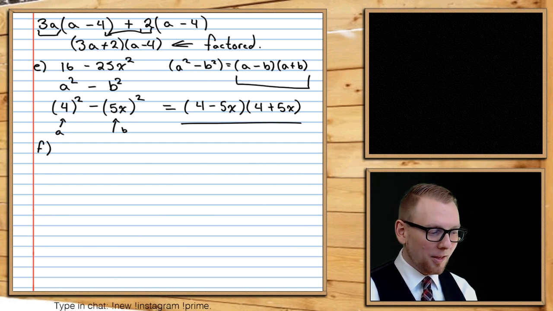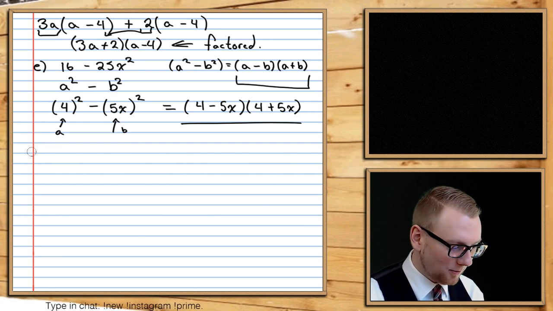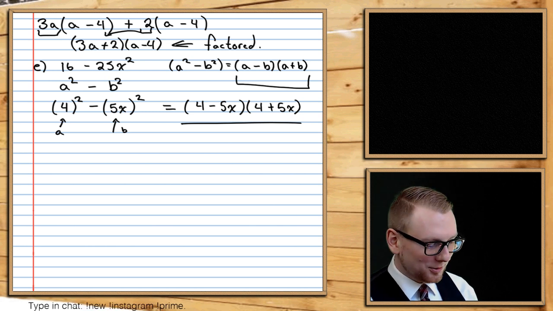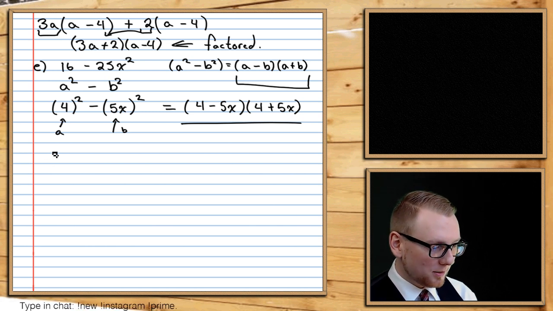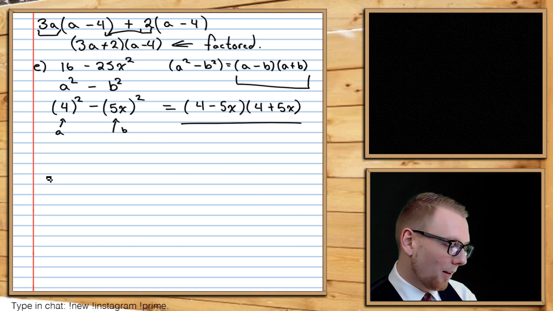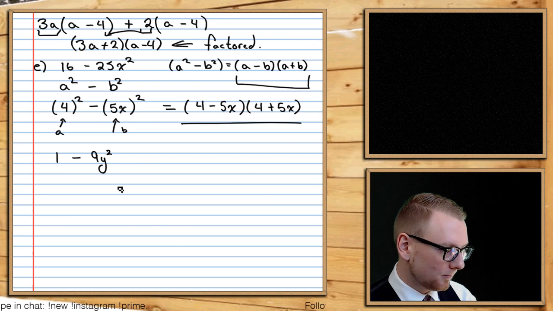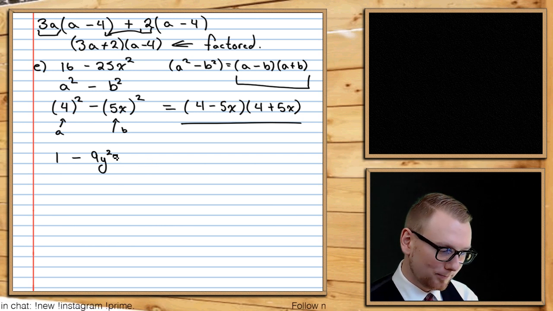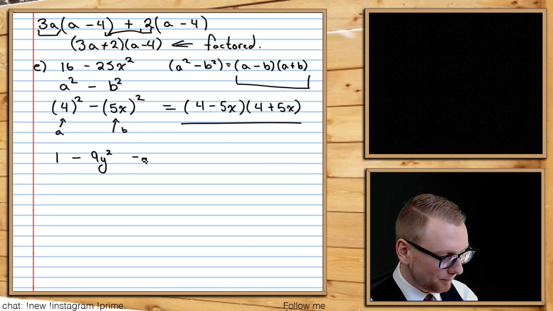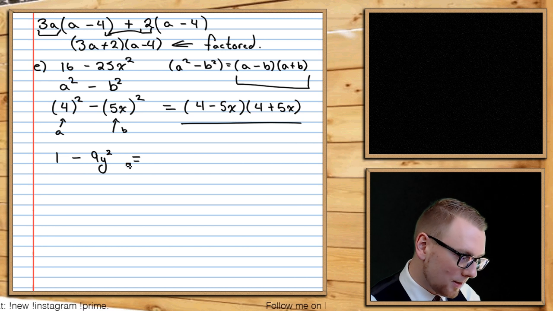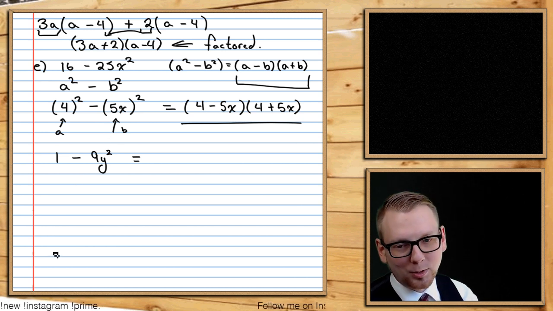Okay, okay. How about instead of F, I'll make you do another one first, just so you can practice the difference of squares. 1 minus 9y squared. No, wait. Yeah, sure. What is this in factored form with the difference of squares?